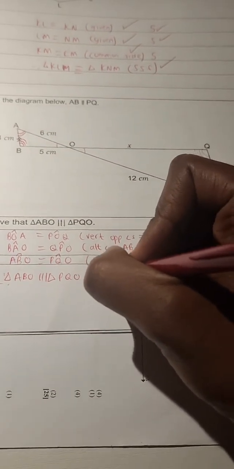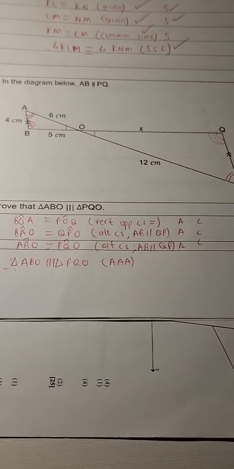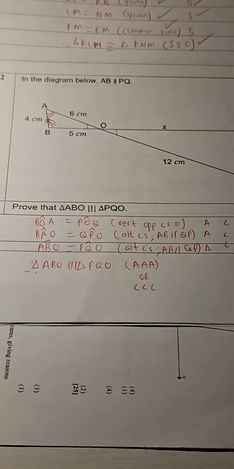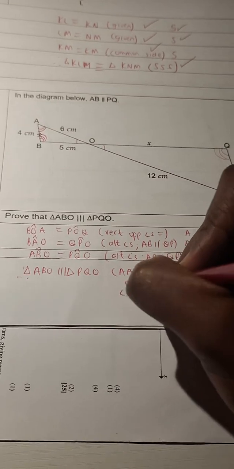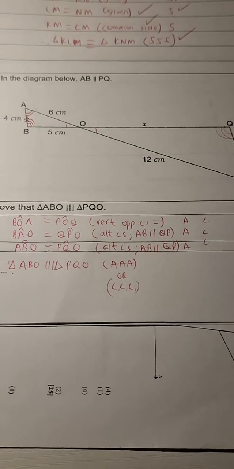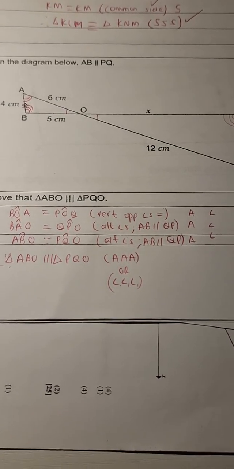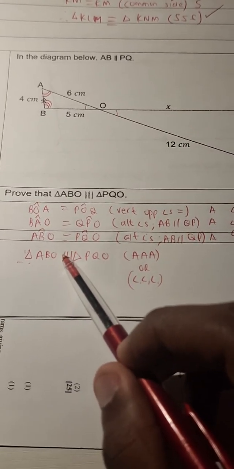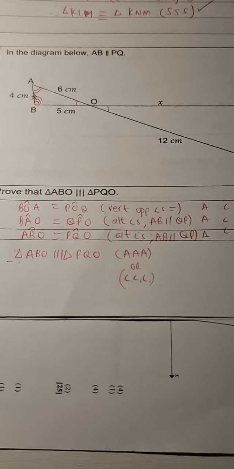This is very important. You must write AAA for angle, angle, angle, or you could write the symbols for angles. And that is your case of congruency. I mean, not congruency, sorry, I keep on making the mistake. The case of similarity. 100% correct.